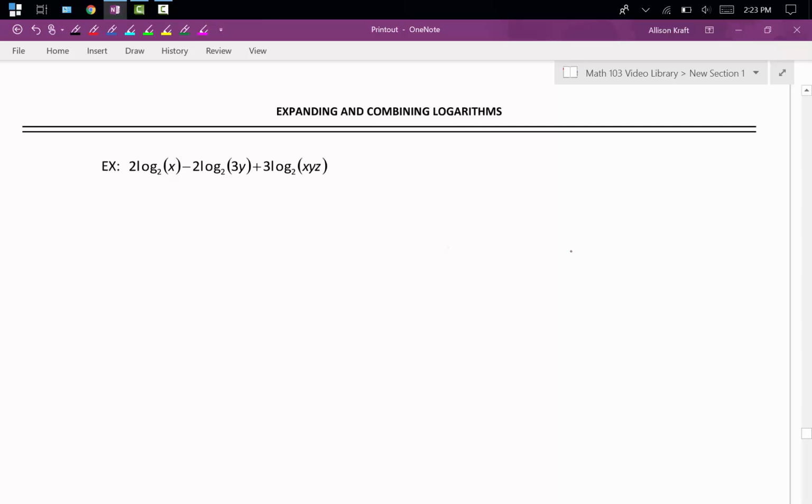In our next example here, we see that we have both addition and subtraction. We start by making any coefficients exponents on the argument. Our first term turns into log base 2 of x squared.